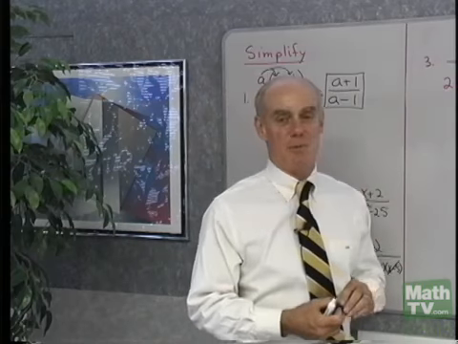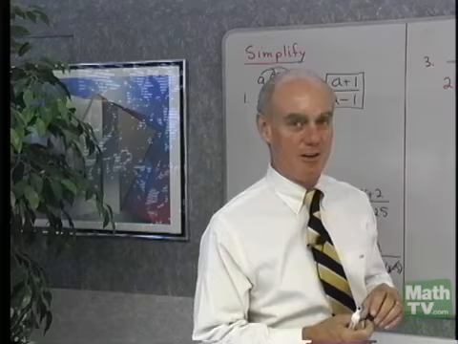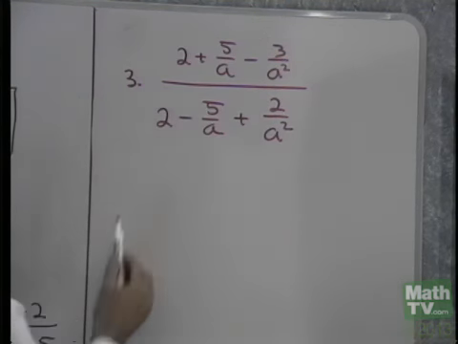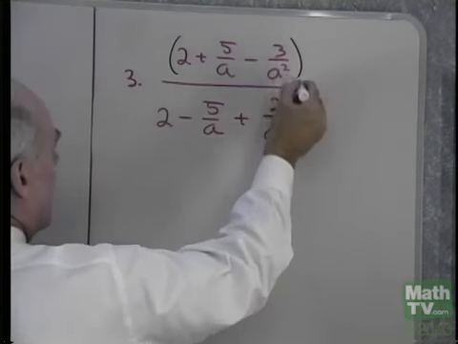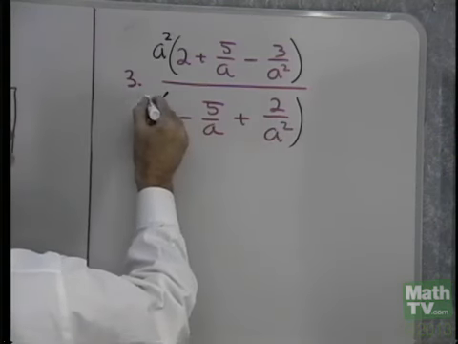Let's look at another example in which we multiply the numerator and denominator by the least common denominator again. If I check all the small fractions here, I'll see my least common denominator is a squared. So I'm going to multiply this numerator by a squared and this denominator by a squared.